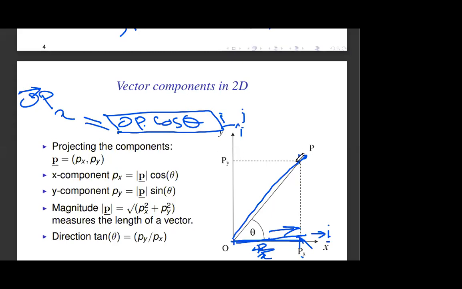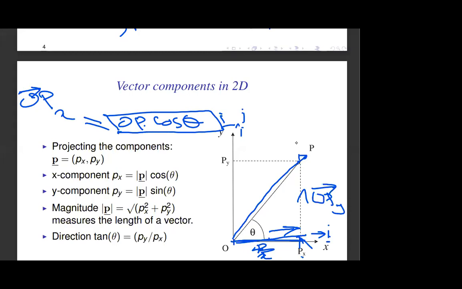The OPY vector is equal to OP sine theta times j.